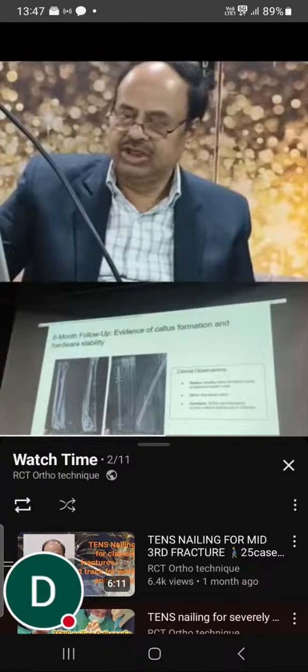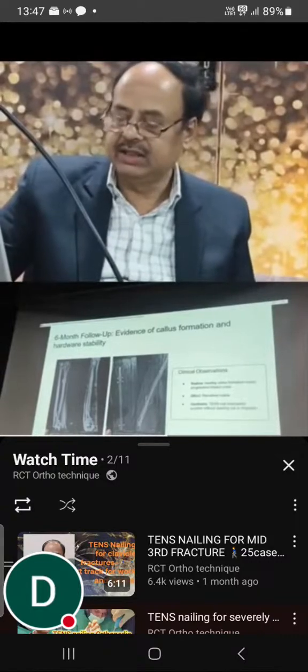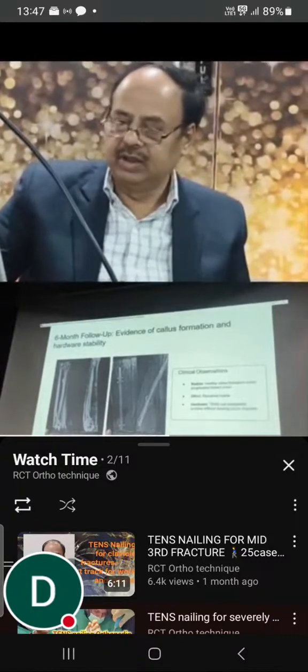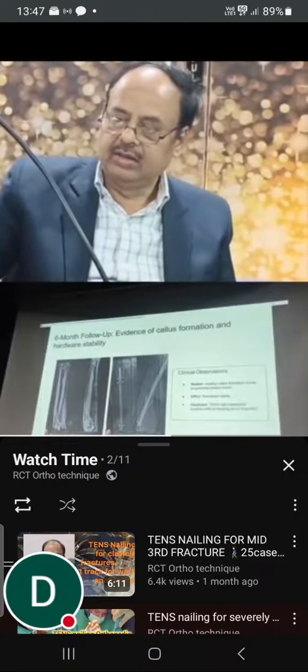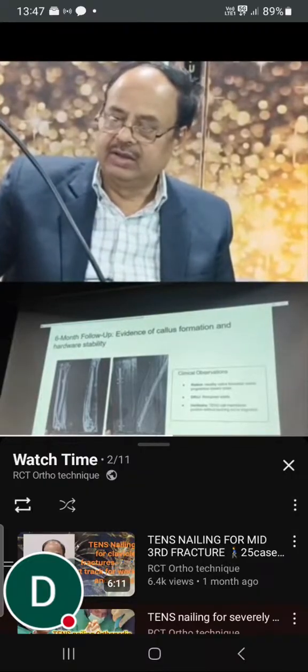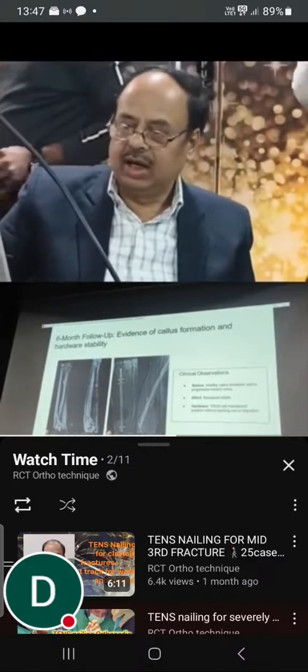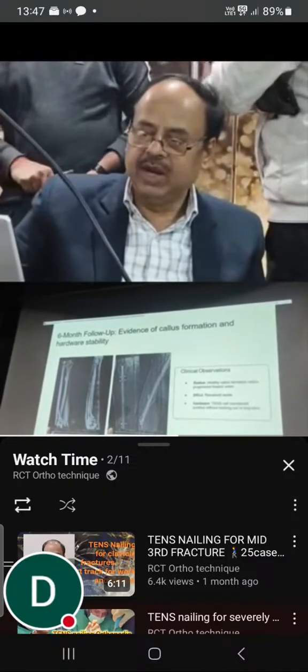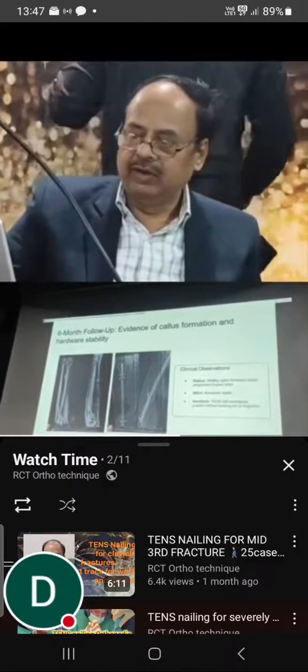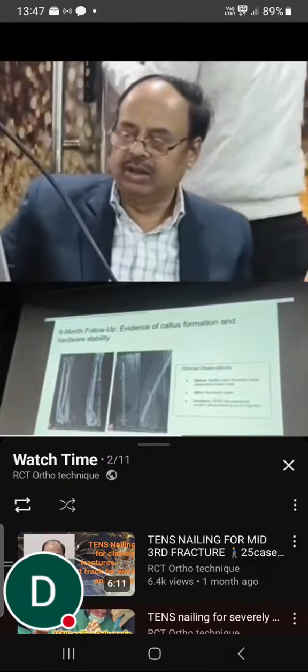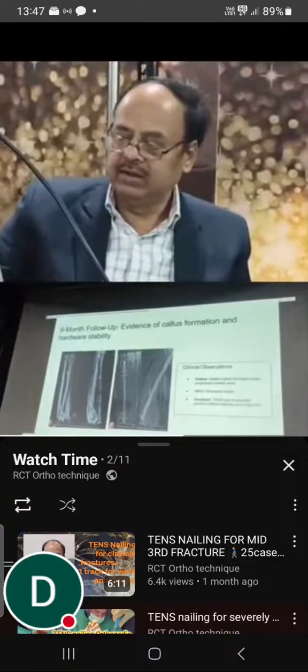But this is the 6-month follow-up. You can see I sent this X-ray to the Indian Orthopedic Research Group, IORG, and they told me to revise this case with bone grafting and plating for the Galeazzi fracture.